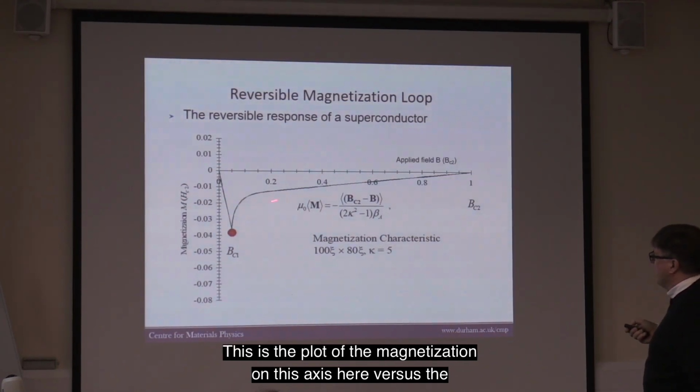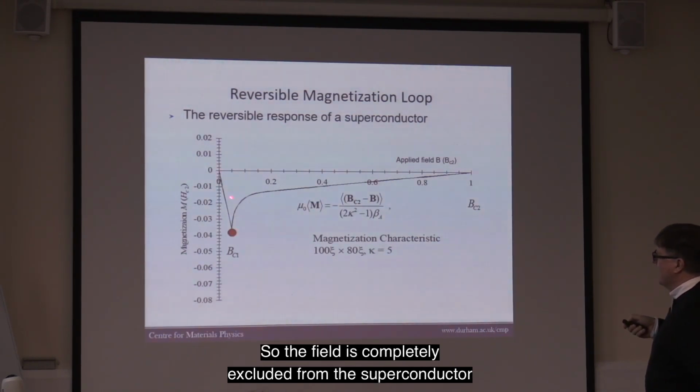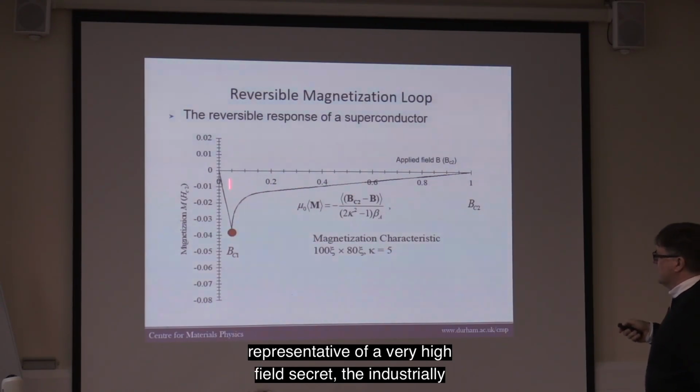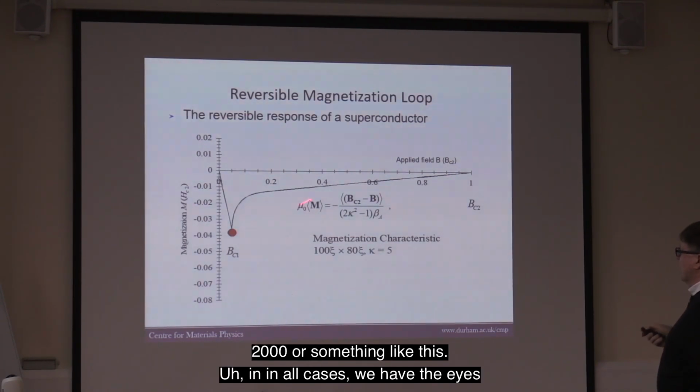This is the plot of the magnetization on this axis here versus the applied field. In low fields, we're in the Meissner state, so the field is completely excluded from the superconductor. But over most of the field range, and this is not really representative of the very high field industrially important superconductors, as this ratio looks more like 2000 or something like this.